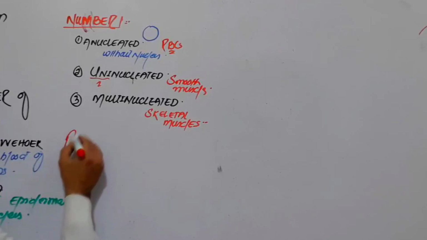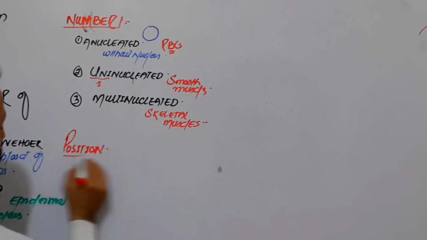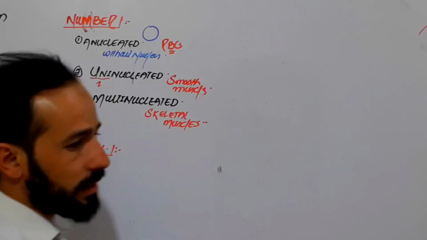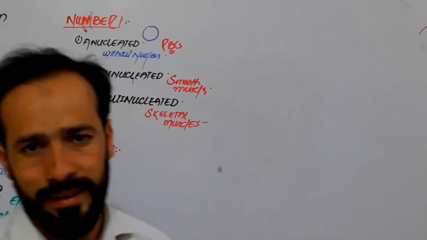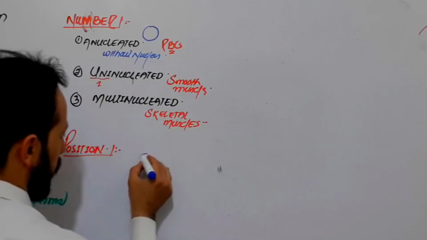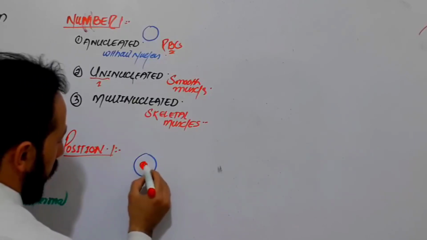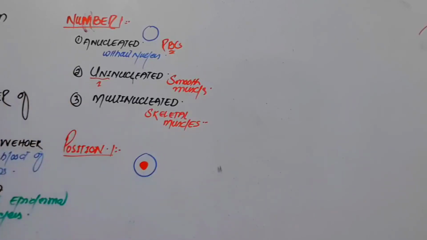What can be the position of a nucleus inside the cell? There are certain cells, for example, this is a cell and it possesses its nucleus right in the center of the cell, right? So we say that nuclei can be in the center of the cell.